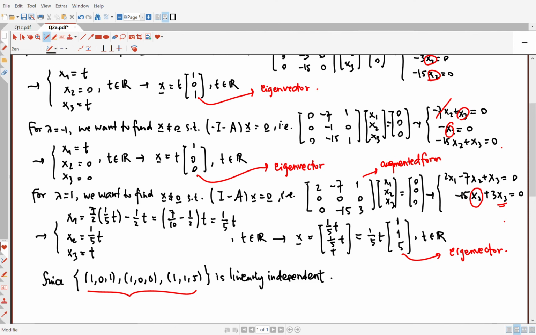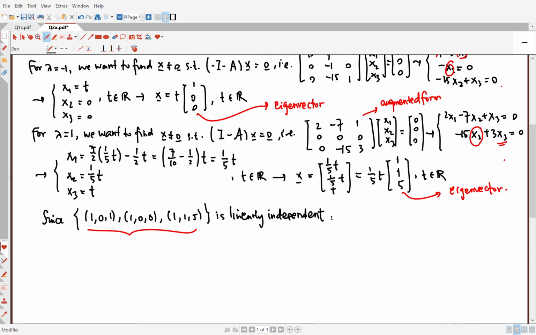So we can find P. We have P, just write this as column vectors (1, 0, 1), (1, 0, 0), (1, 1, 5).